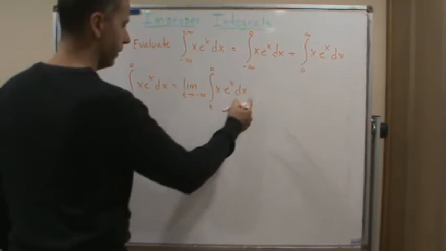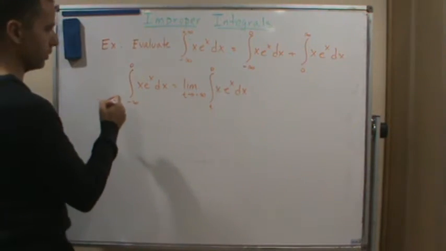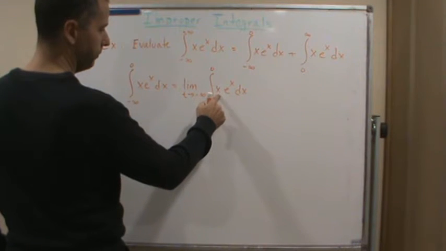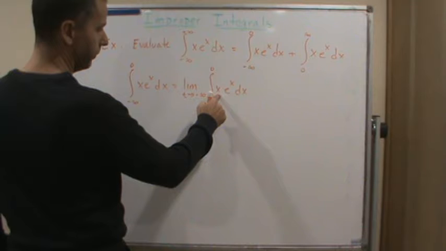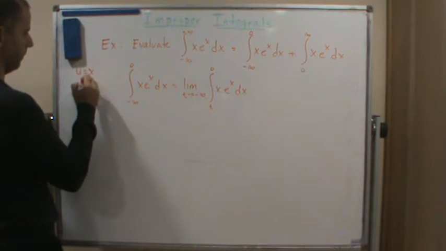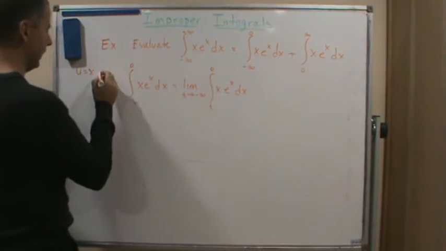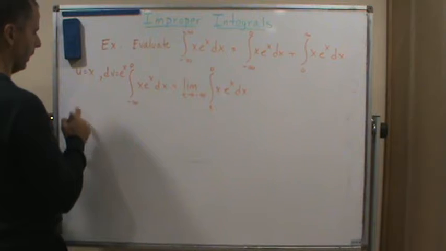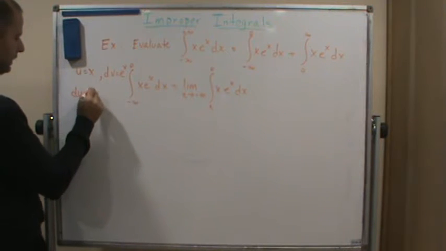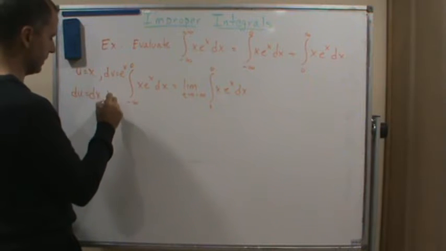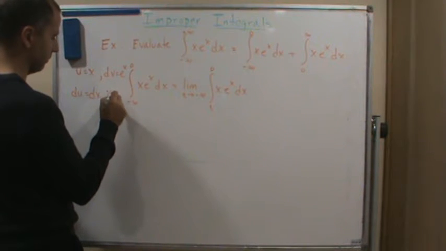Let's figure this out. I'm going to let u be x, and dv is e to the x. That means du equals dx, and v is going to equal e to the x.